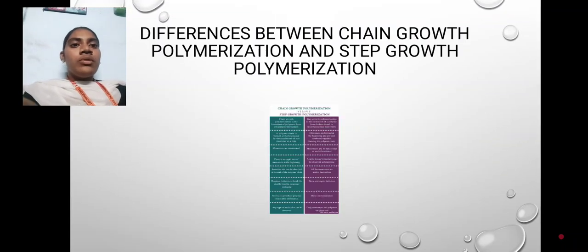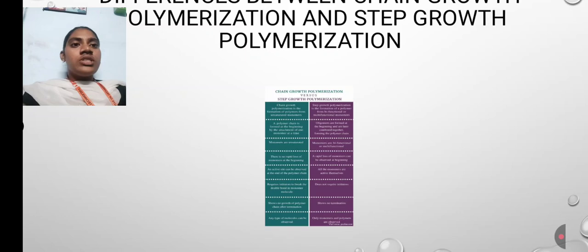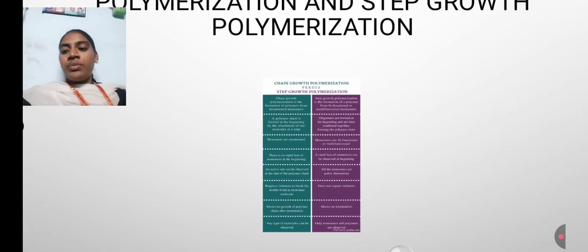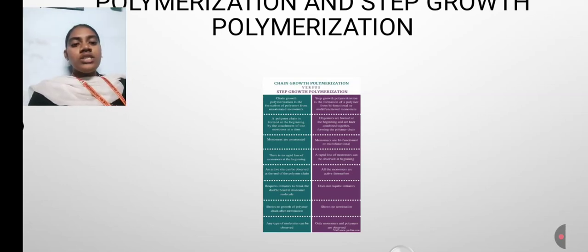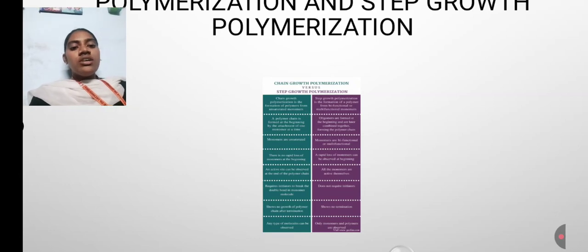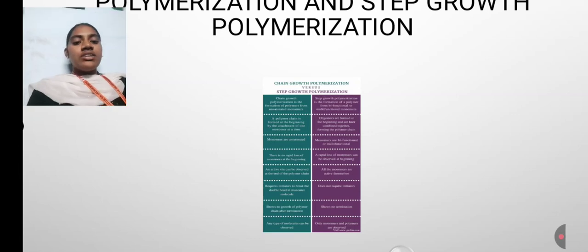Now the differences between step growth polymerization and chain growth polymerization. Addition polymerization is a fast process and condensation polymerization is a slow process. In addition polymerization, there is a decrease in reactants, whereas in condensation polymerization, there is an increase in the reactions.